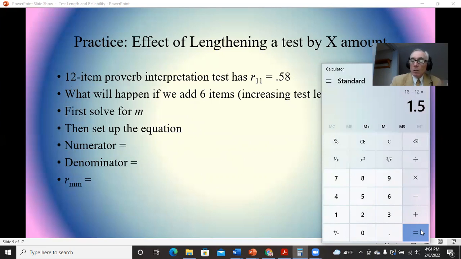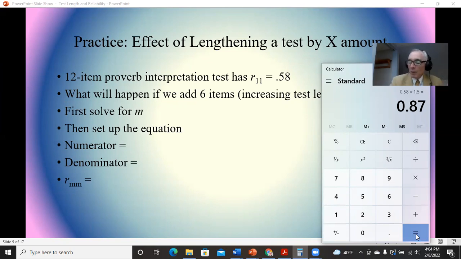You have the existing reliability, which is 0.58. And for the numerator, you're simply multiplying that times the 1.5 we just obtained, and obtaining, surprise, surprise, 0.87.